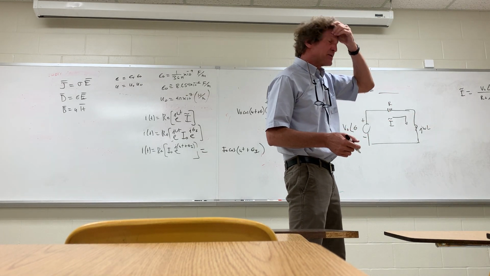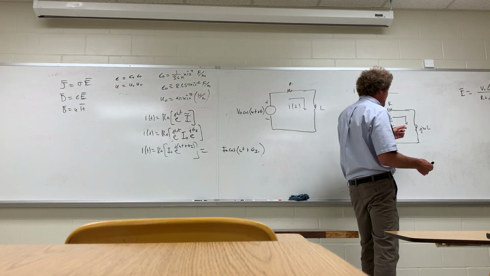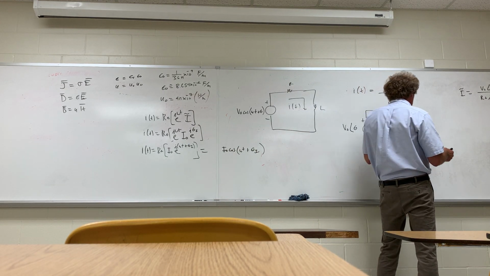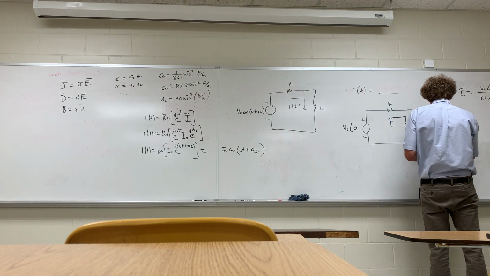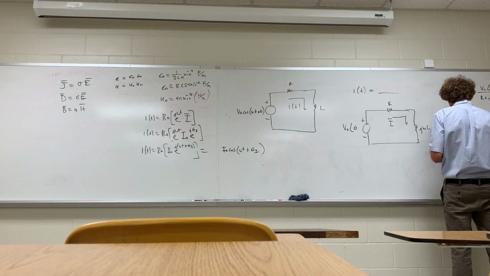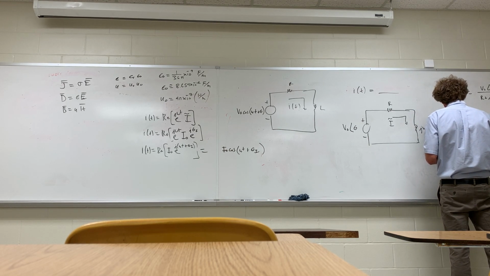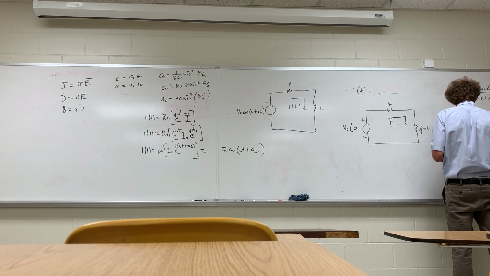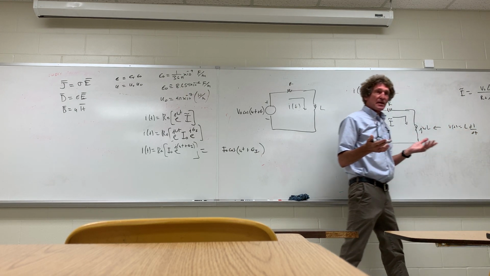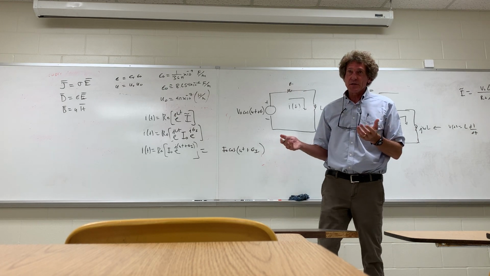Now, if we take a look at the relationship between current and voltage in that inductor, we know that V of t is equal to L times di dt, right? Isn't that the general relationship for current and voltage in an inductor?